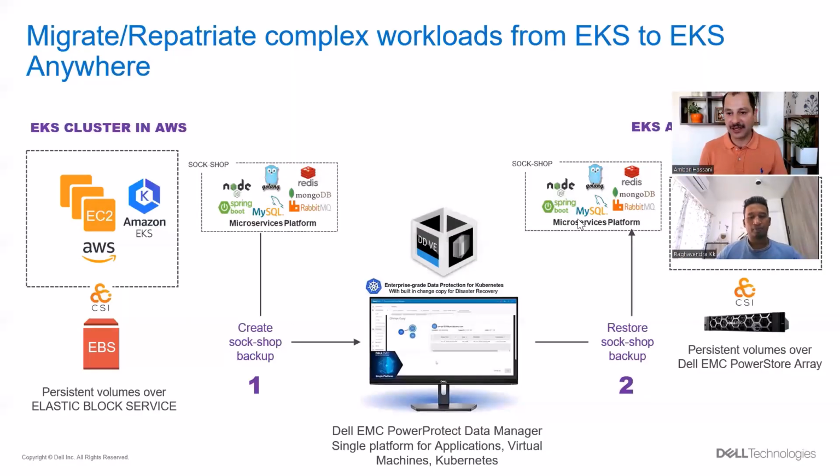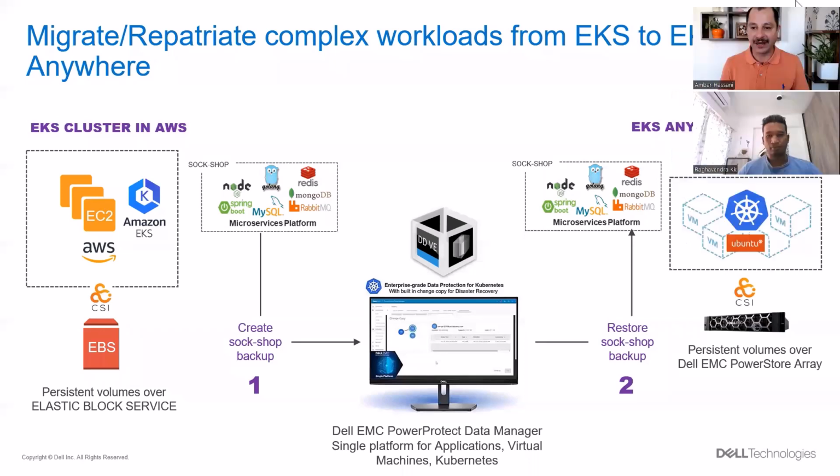Let's establish the current state quickly. You can see that we now have in play the EKS cluster, which is already set up, and the CSI drivers are set up along with the EBS volumes. The SockShop application has already been deployed, and these exist as PVCs on the EBS storage, right?